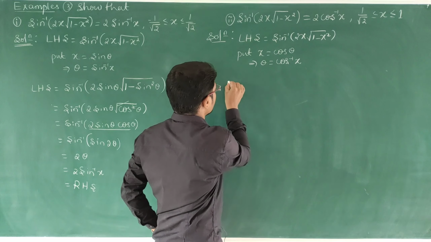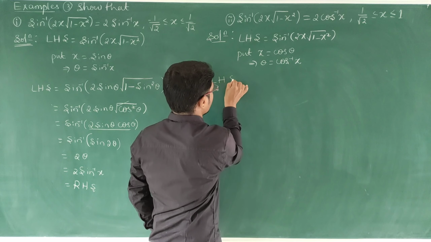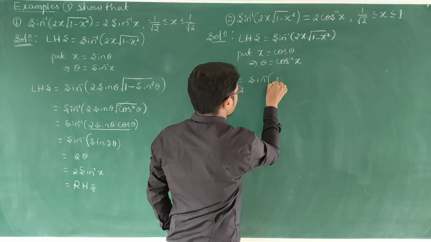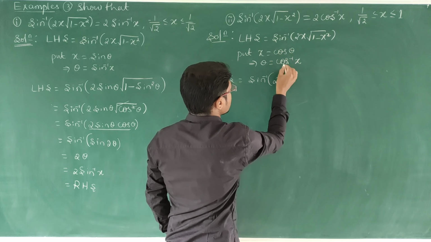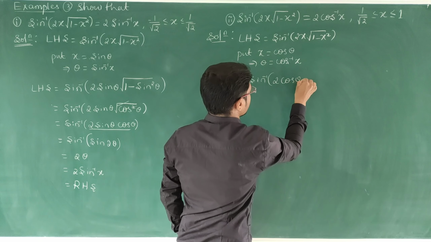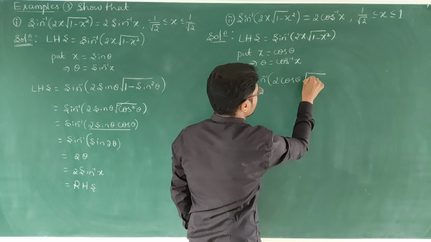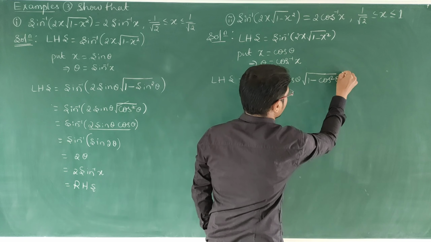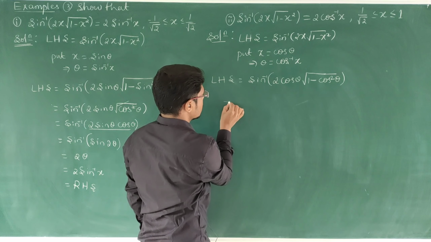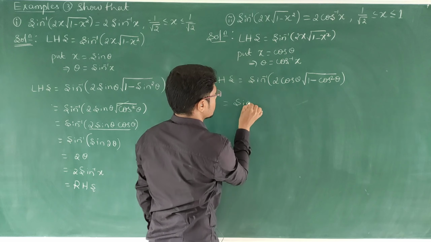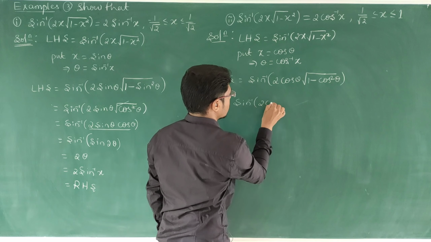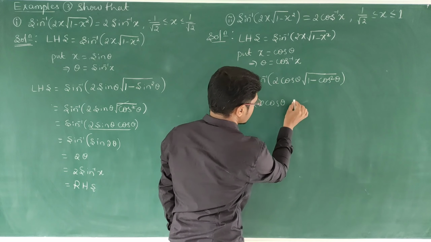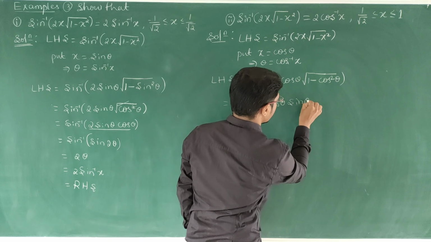Substitute in the LHS. LHS is equal to sine inverse of 2x, where x is cos theta, square root of 1 minus x square, which is cos square theta. Complete the bracket. It is sine inverse of 2 cos theta, and 1 minus cos square theta is sine theta.